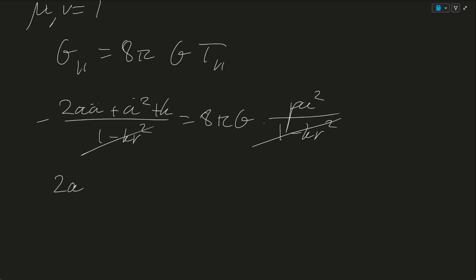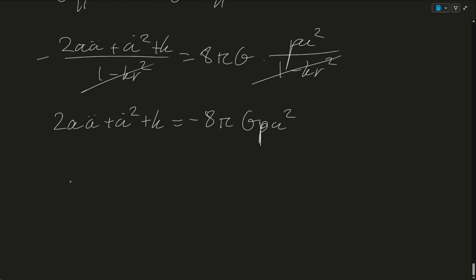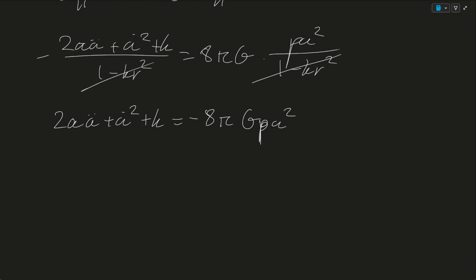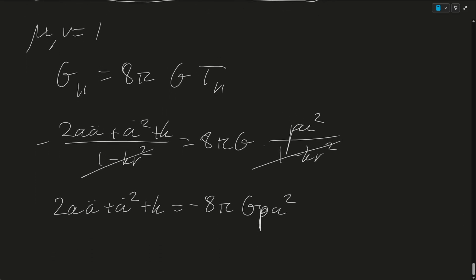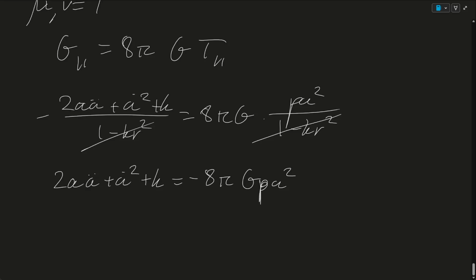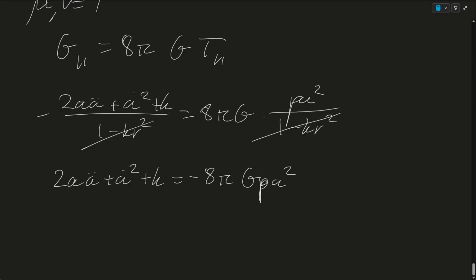So we have 2a double dot plus a dot squared plus k is equal to minus 8 pi G p a squared. That being a p, not a rho. What we can do is then plug in our first Friedmann equation to eliminate this a dot squared plus k.